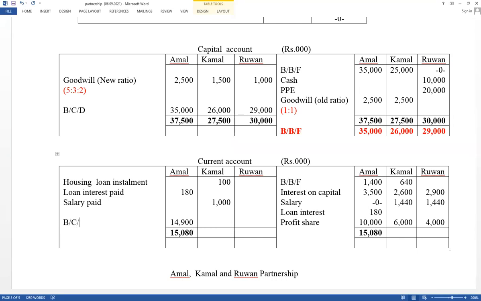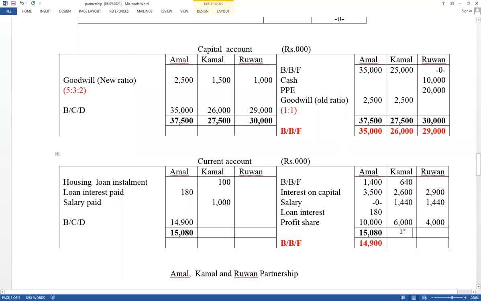Like that, each and every partner's closing balance should be calculated. It should be included as a balance brought forward on the credit side also. Therefore, closing balances are the values that should be recorded in financial position. And Kamal also same way. Take credit side total amounts. Credit side increase, take the total value, and take that value debit side also.